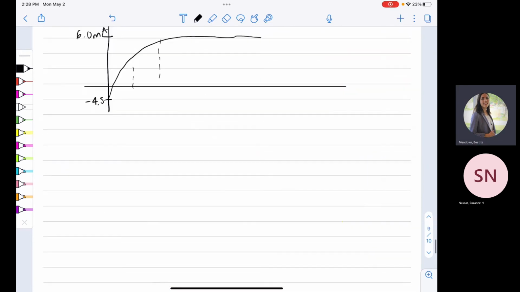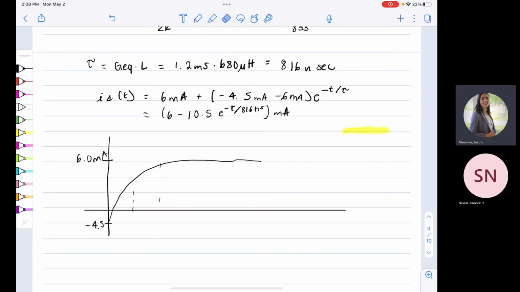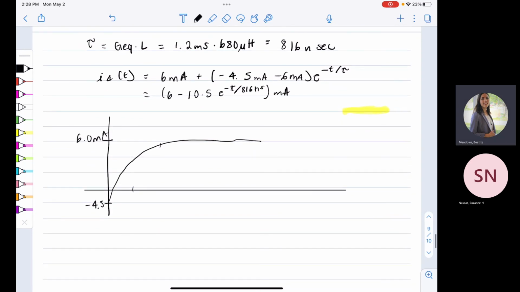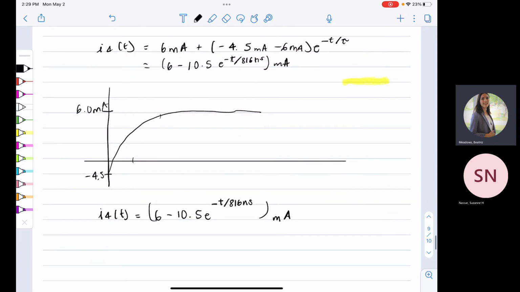So we go to our fancy formula we just derived. And so what we're trying to do is, we have this, right? So we're trying to find when this is equal to 0, right?